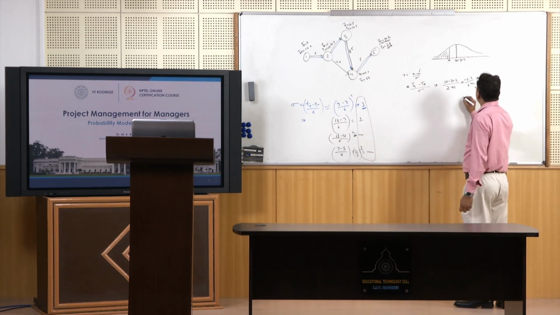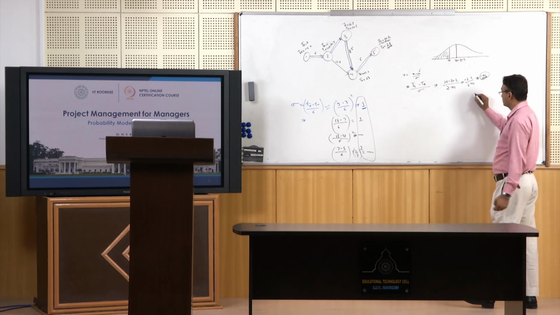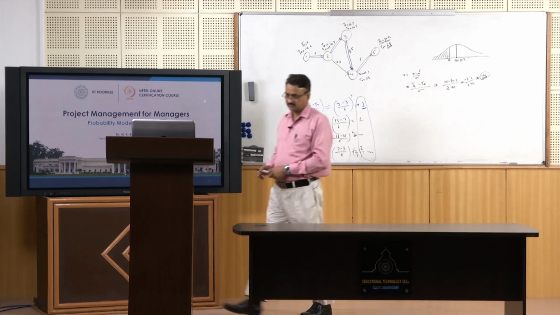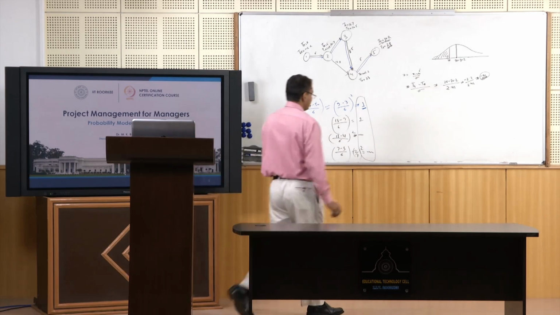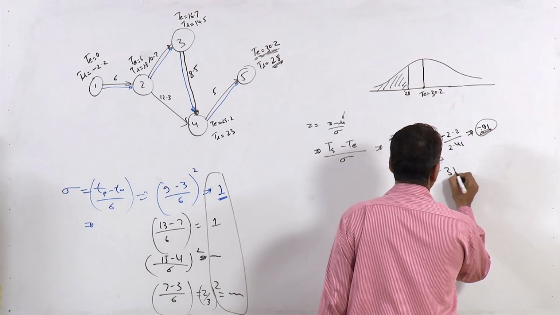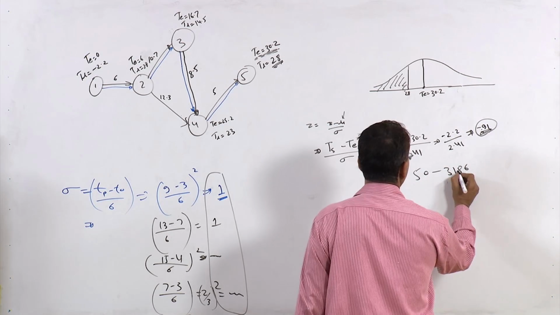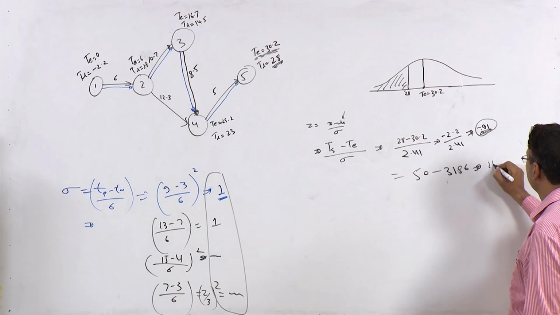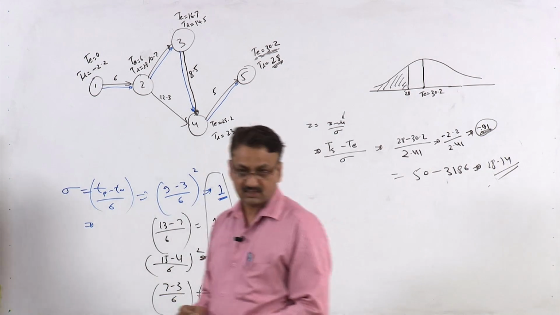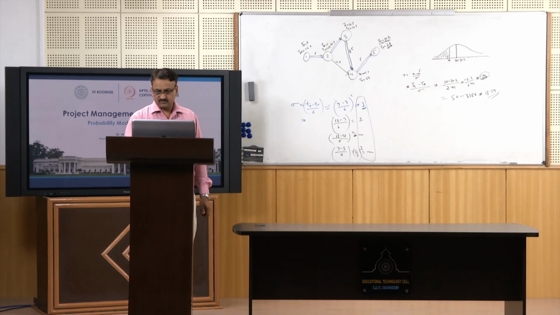So the area under the curve at 0.91 is 0.3186, that is 31.86%. So it is 50 minus 31.86, and this is the answer for this question, 18.4 percent, right?